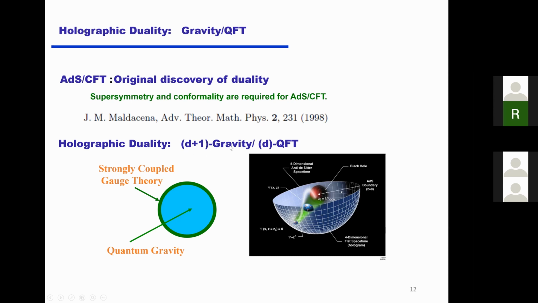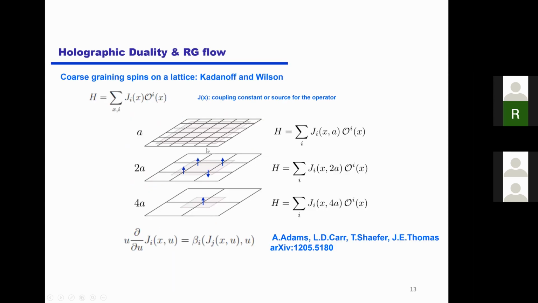In this case, we can build a kind of holographic QCD model, which is very similar to the renormalization group. We put spins on a lattice, and when the lattice size changes, the system shifts from UV to IR, and the coupling constant also changes. So this is basically the renormalization group.